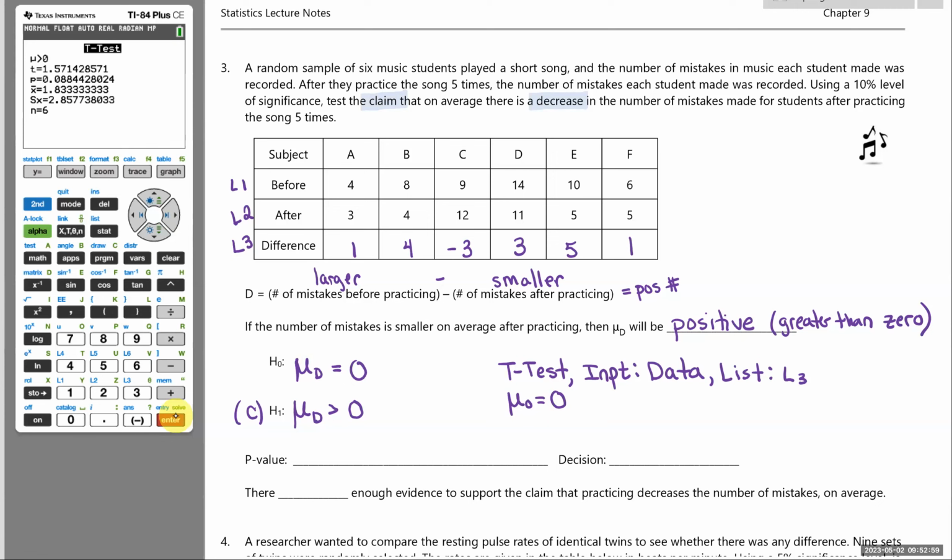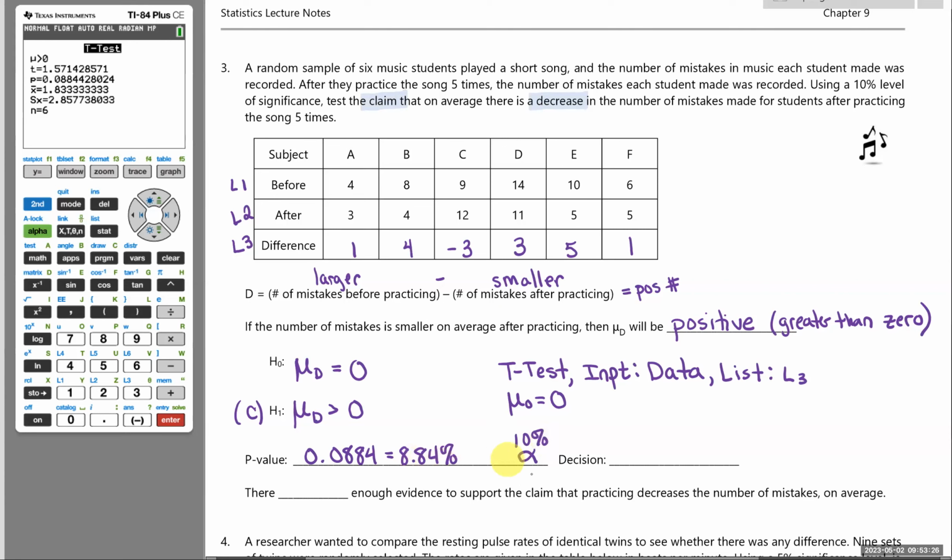All right, that p-value is 0.0884. I prefer to write that as a percent, 8.84%. And we compare that to the choice of alpha, and alpha was a 10% significance level.